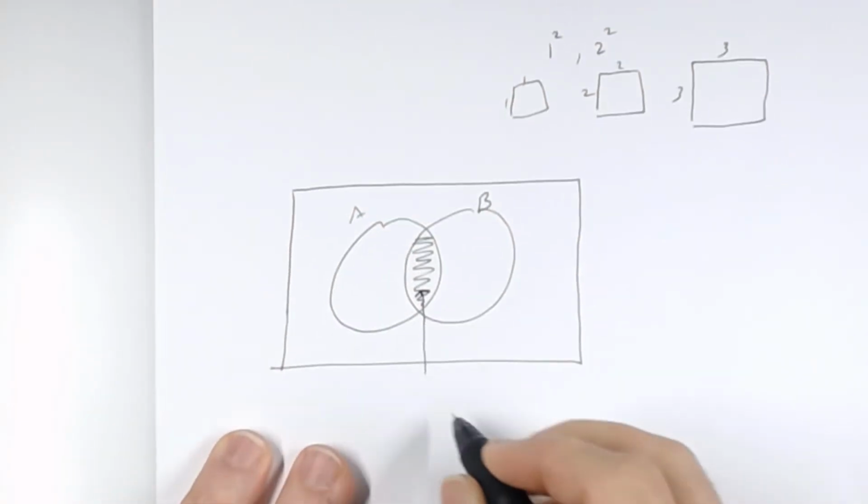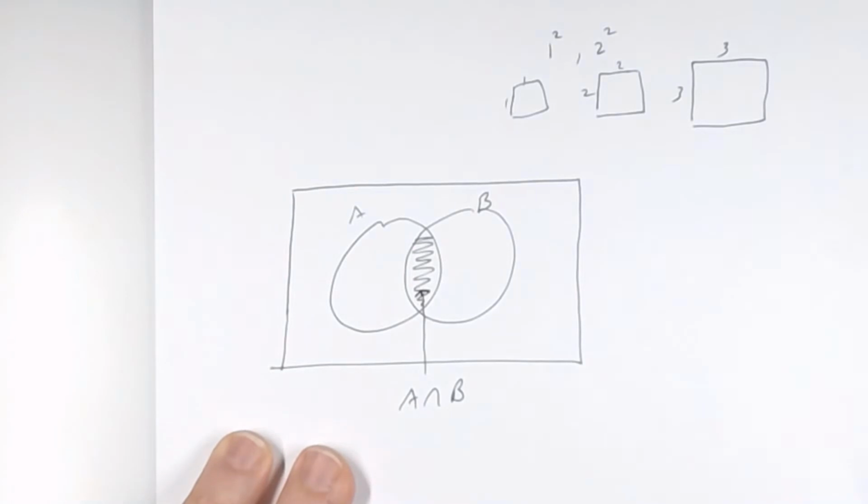So this right here means A intersect B. Did we talk about that symbol, the intersect symbol? No. Okay, so that symbol that looks like an n means intersect. So A intersect B. If set A and set B have common elements, that's where they would be located. Okay? All right, so I'm going to ask you this.